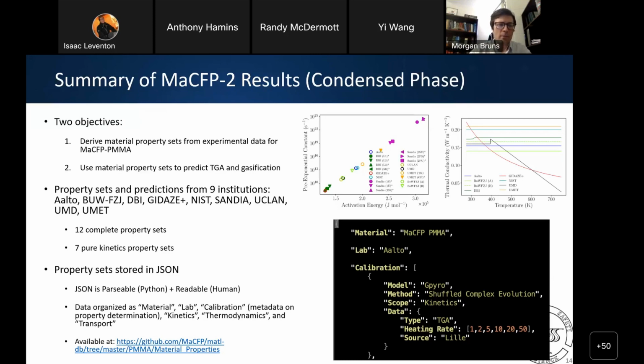And then we had 7 pure kinetic property sets. So we had some labs that contributed just analyzing TGA data and figuring out how we could describe the pyrolysis kinetics. All of this data is now available on the MaCFP GitHub repository. There's a link there at the bottom of the slide, so please check that out.